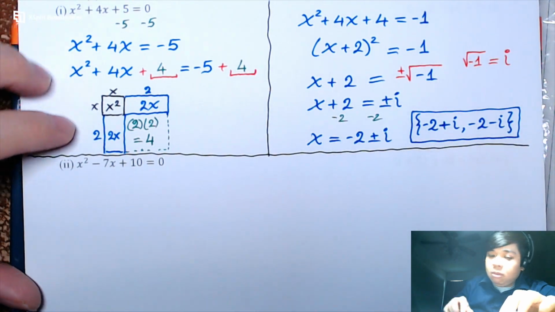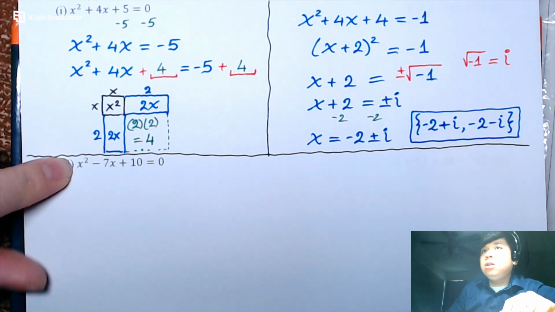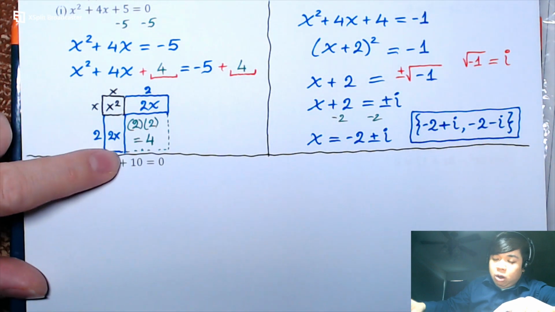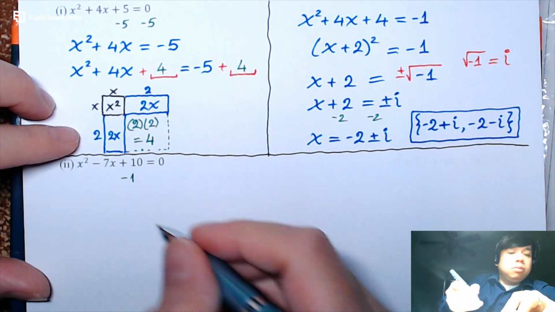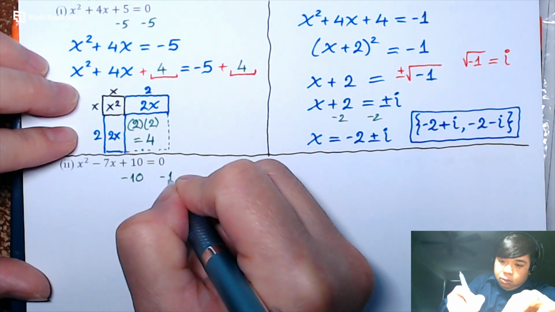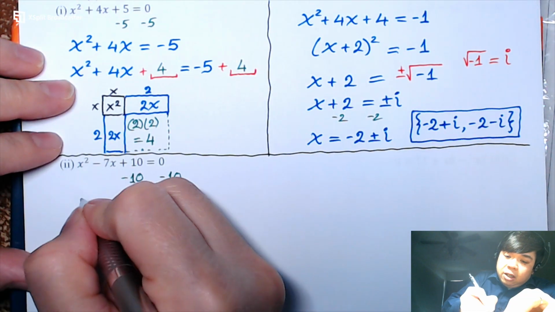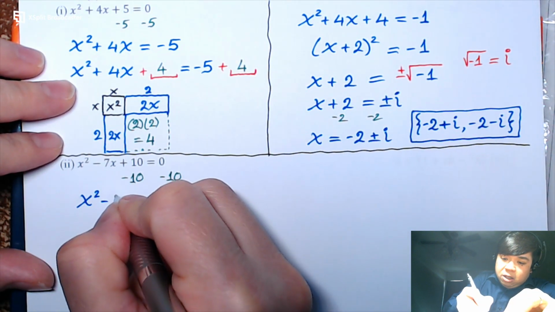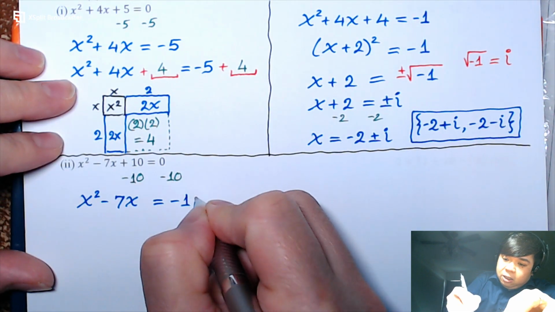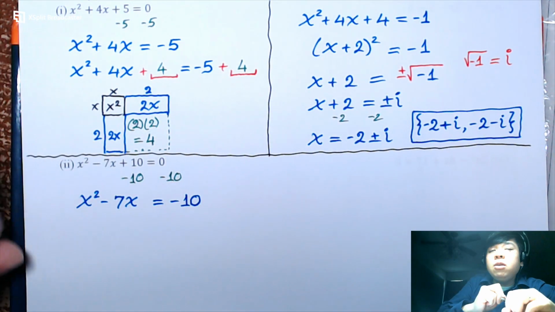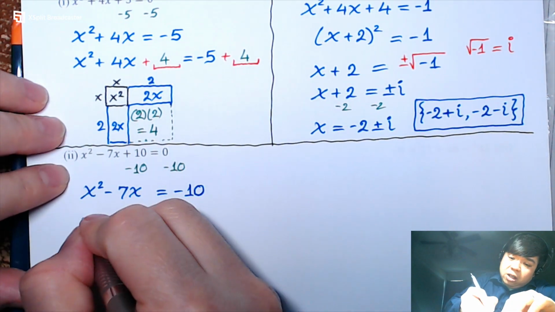Again, we only need two terms, so I will subtract 10 on both sides, and that will give us x squared minus 7x equal to negative 10. Right, two terms. Now we need to add something to make it a square.